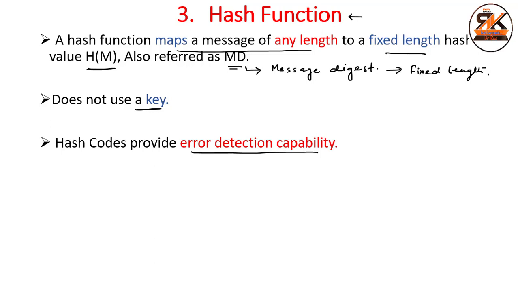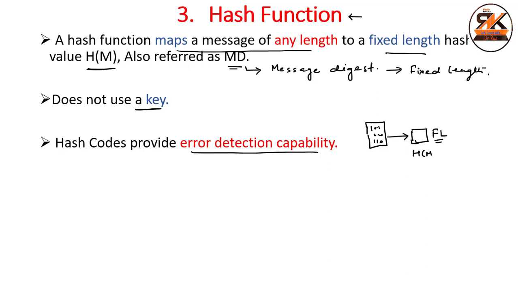Since the hash code is a function of all bits of the message, when we calculate the hash, for example, we have this message and there are some bits, 101001110, and out of this message of any length, we calculate the hash value of fixed length. This hash has fixed length, and this is your hash value.